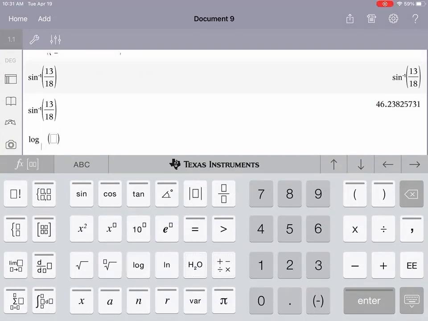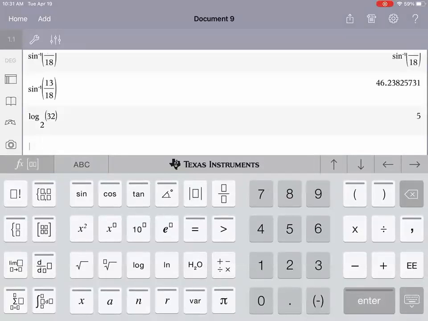If I hit that log button, I can type in any base I want. And so we want log base 2 of 32. I'm going to hit enter. And so x equals 5. And we already knew that, right? We knew that the answer was 5.